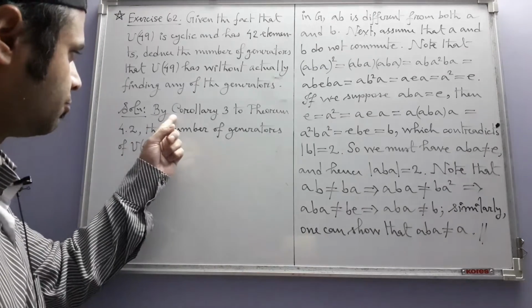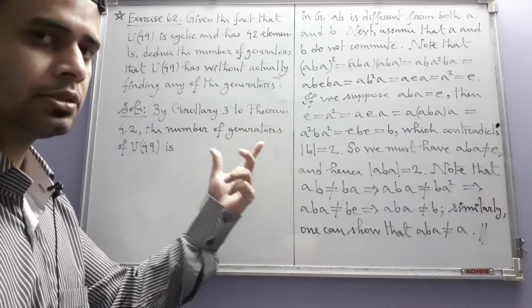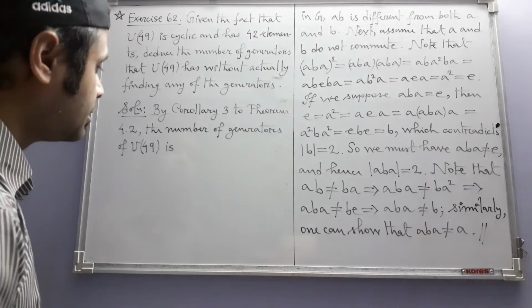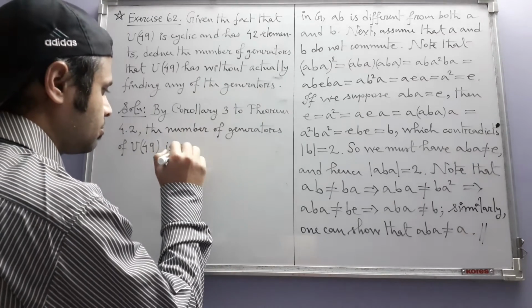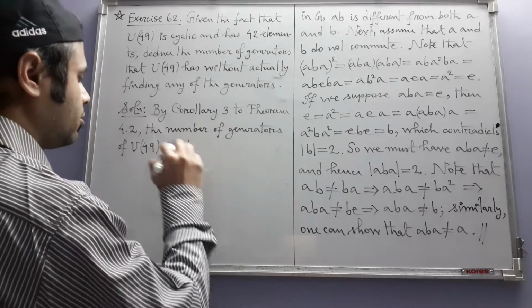If you visit this corollary, you see its statement, you will understand why this number is this. Phi of the order of the group.